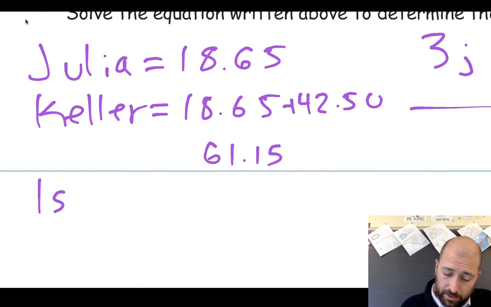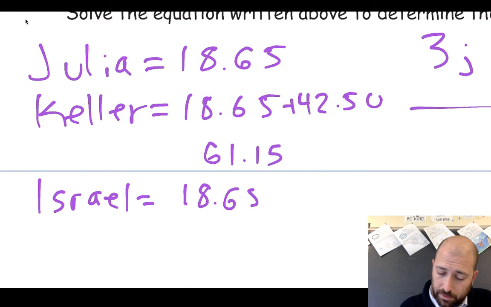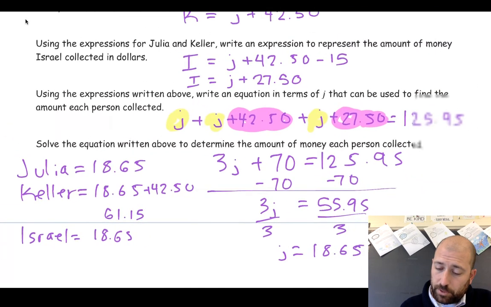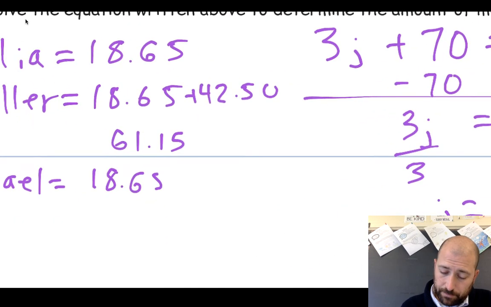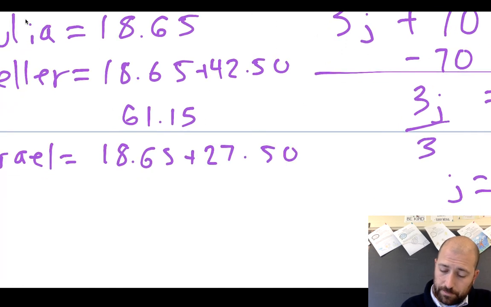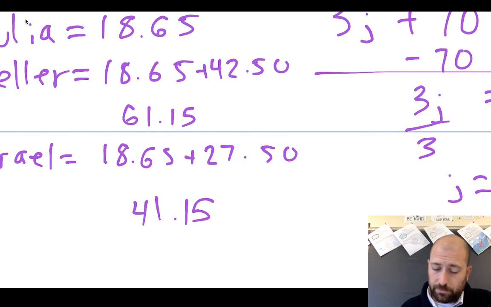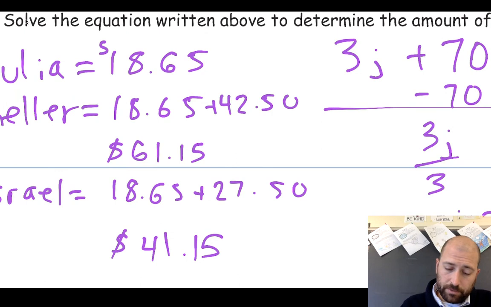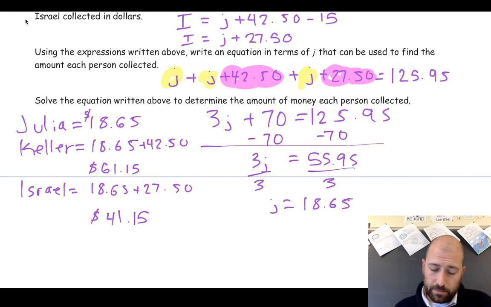And then we had Israel, that was Julia, right? Plus 27.50. So I add those together, and that came out to $41.15. If I add all those three up, okay, it's going to come to my total.